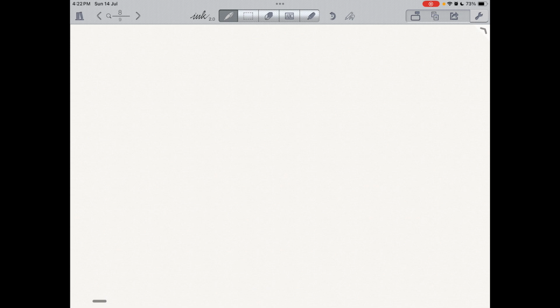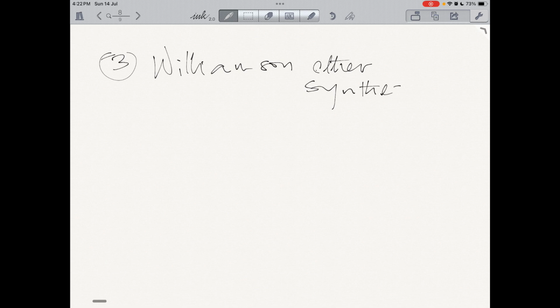Okay. All right. So number three in the methods of preparation of ethers is the Williamson ether synthesis.